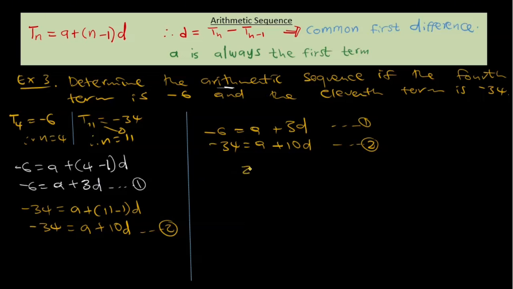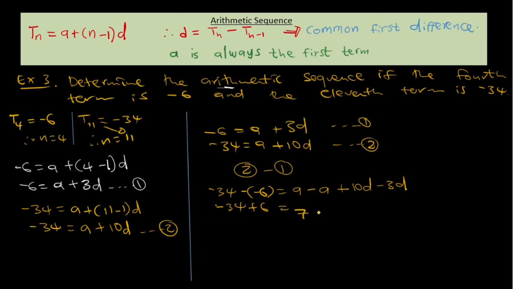So I'm going to say equation 2 minus equation 1. Okay, so minus 34 minus minus 6, a minus a, 10d minus 3d, right? So this is minus 34 plus 6, this a minus a falls away, and I'll have 7d.